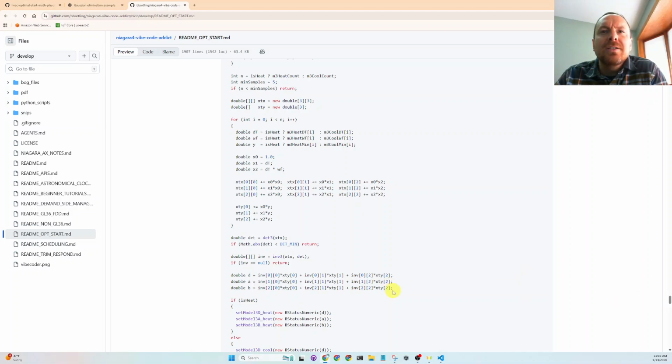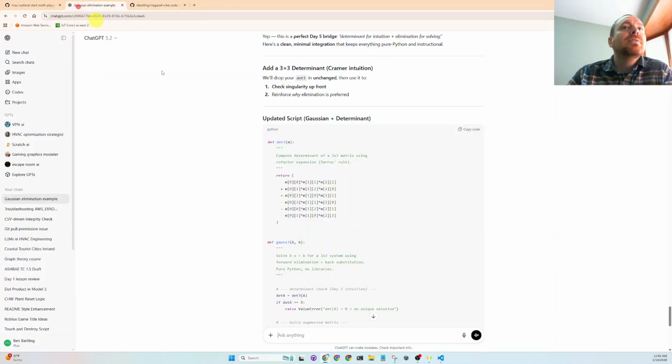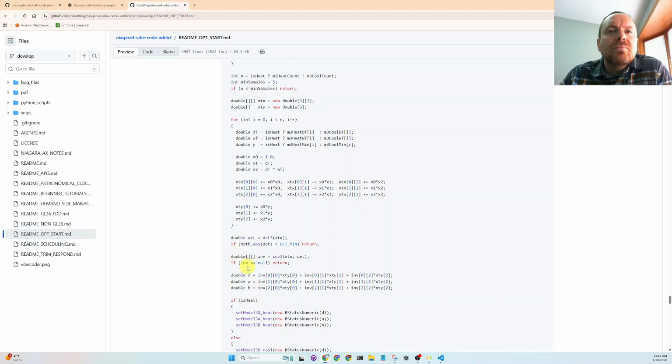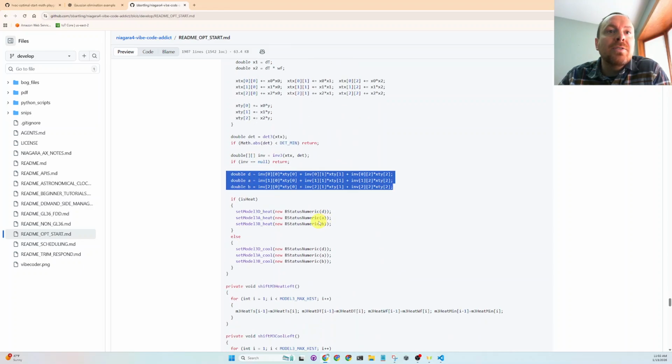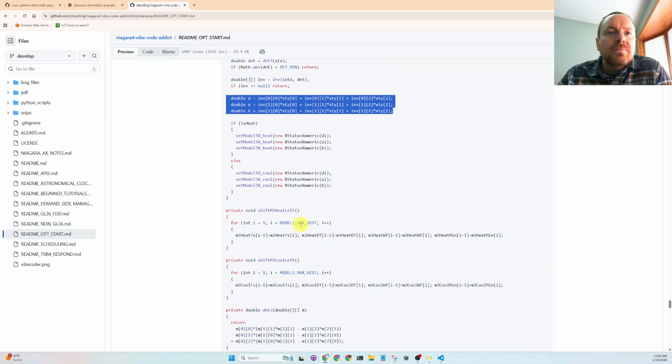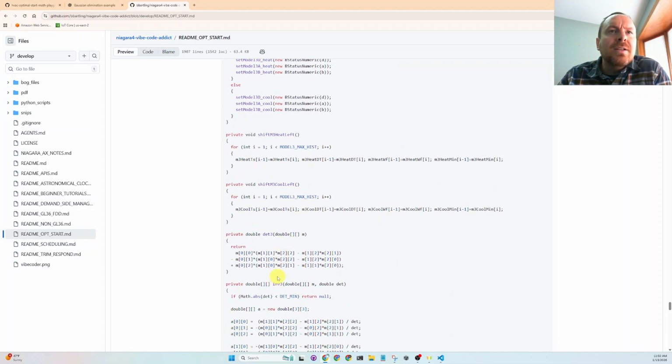So I think this is kind of like what we're getting into a little bit here, except this would be more geared towards the PNNL equation. So this is what we're doing under the hood in Model 3.